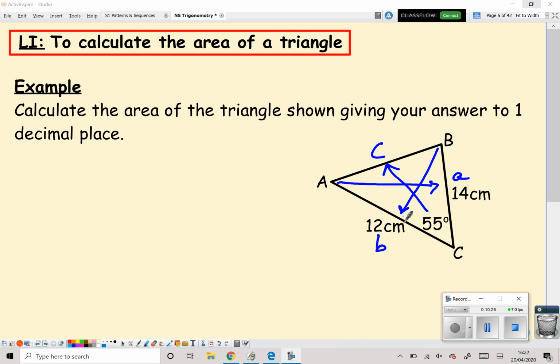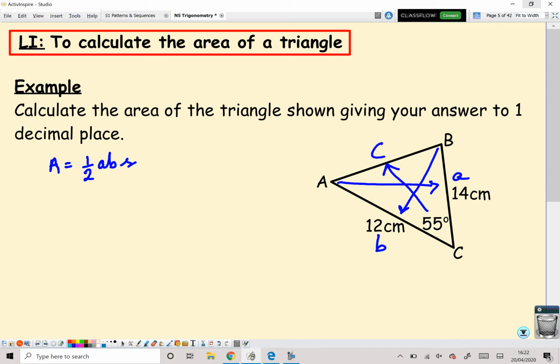I want you to notice the pattern here. We've got 12 centimetres and 14 centimetres, and 55 degrees is the angle that sits in between those two sides. So we can use the area of the triangle formula. Area equals a half AB sine C. So the area equals a half times side A times side B times sine 55 degrees.